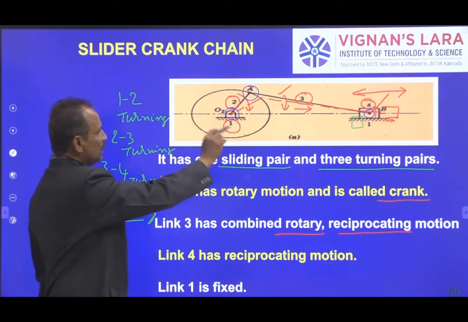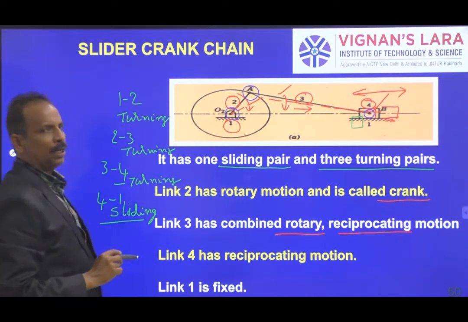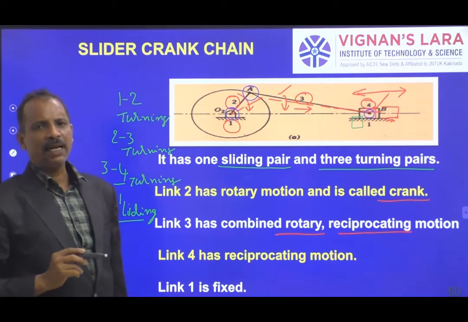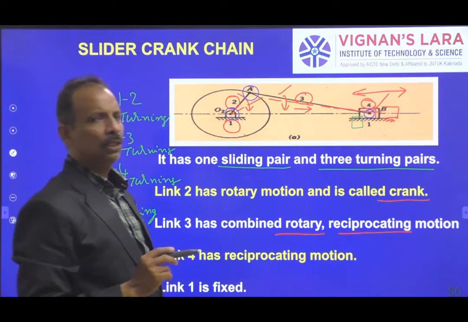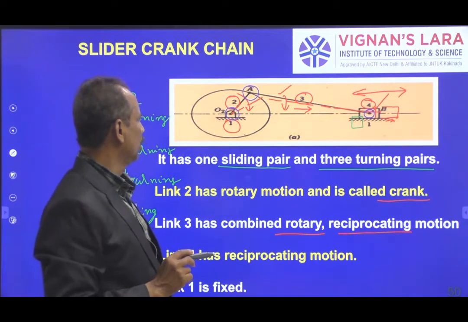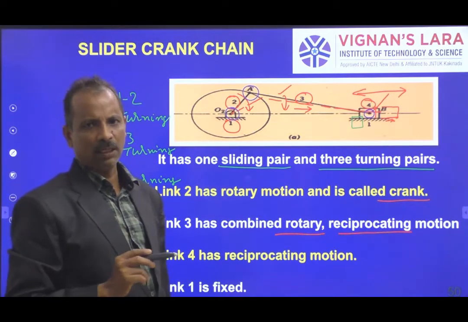So this is one of the basic mechanisms in a slider crank chain, where rotary motion is converted into reciprocating motion by fixing link 1.